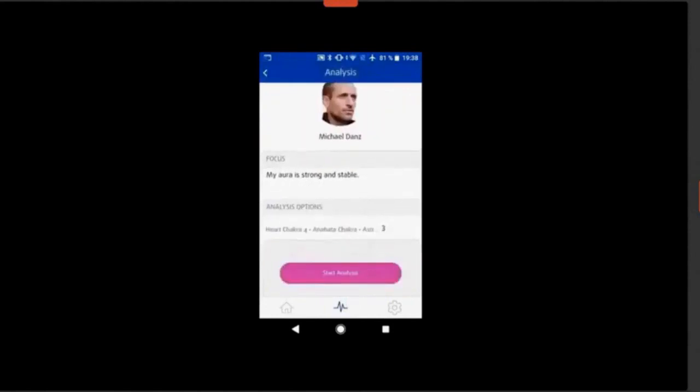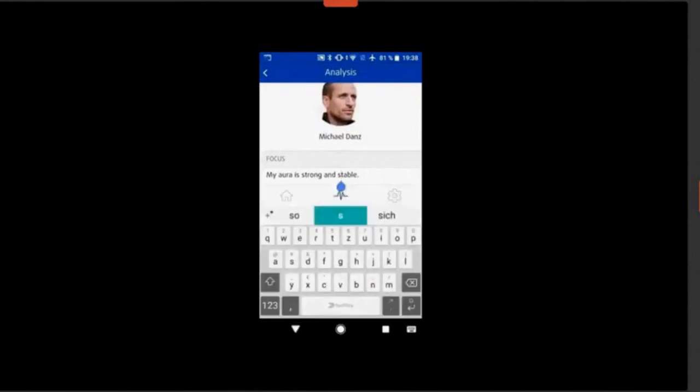Good. First of all, the focus is already preset. You can change it, as you see. My aura is strong and stable.